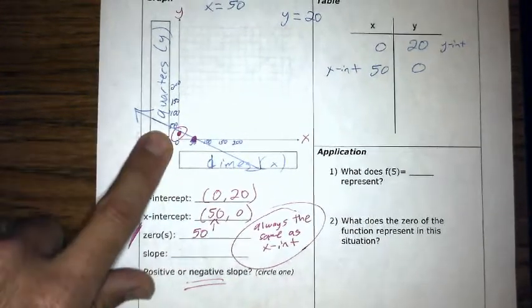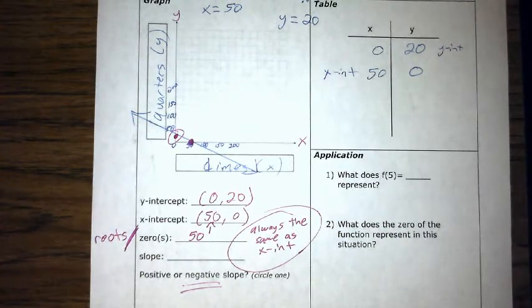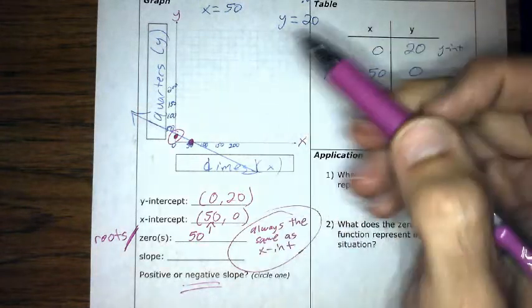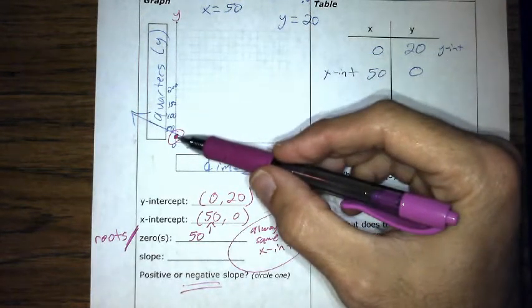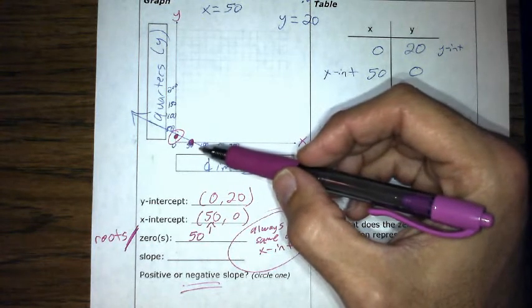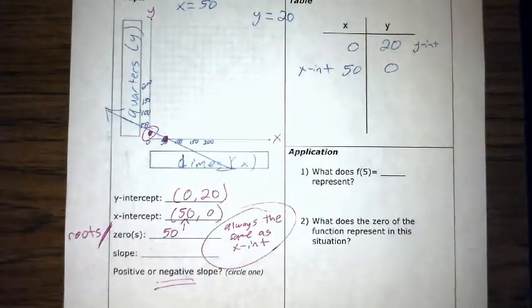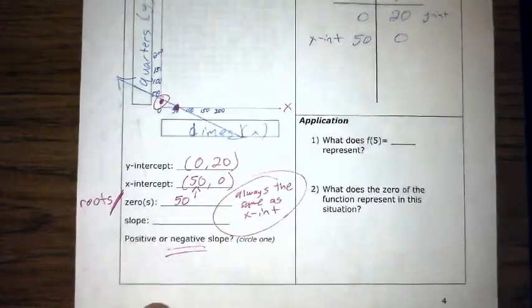Okay, so if I'm looking here, I started at 20. 20 went down to 0. Yeah. You guys remember how to find slope. If you don't remember how to find slope, you can always find it on the formula.